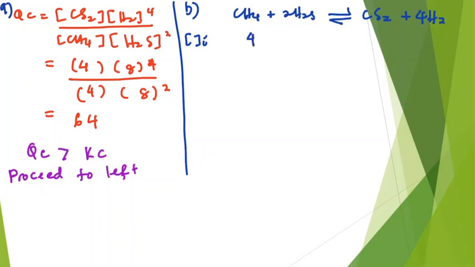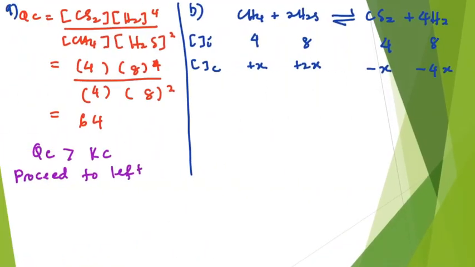Concentration initial: 4 molar, 8 molar, 4 molar, 8 molar. This is what we have calculated before. So the concentration change here will be plus x, plus 2x, minus x, minus 4x.